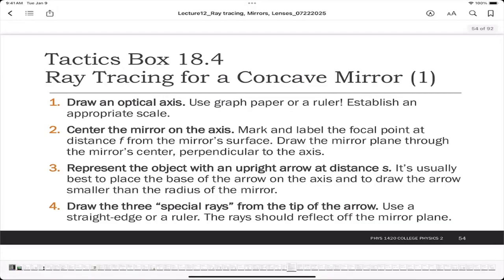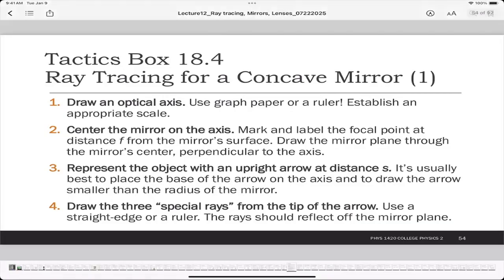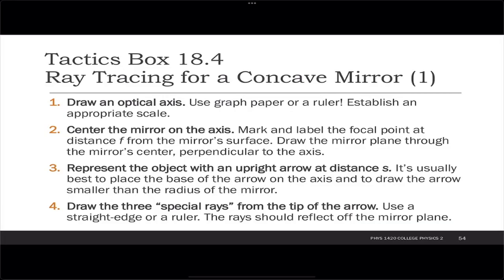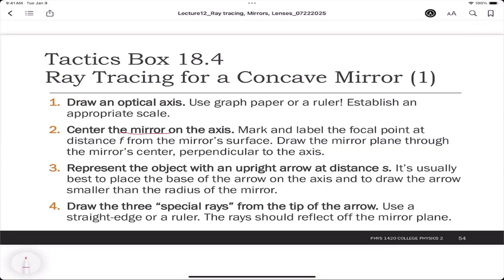Use graph paper or a ruler. Establish an appropriate scale. Second, center the mirror on the axis. For a lens, you just center the lens on the axis. Here, center the mirror on the axis.